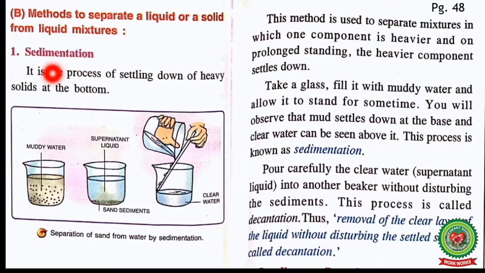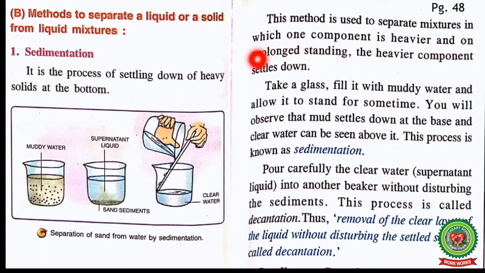Sedimentation. It is the process of settling down of heavy solids at the bottom. This method is used to separate mixtures in which one component is heavier, as in the example that we have discussed. Sand particles were heavier, that is why they settled down at the bottom of the container.